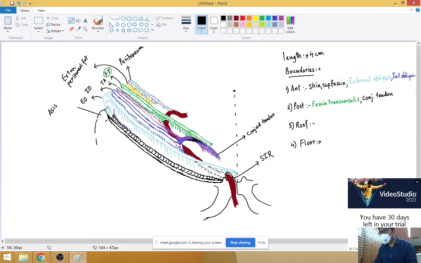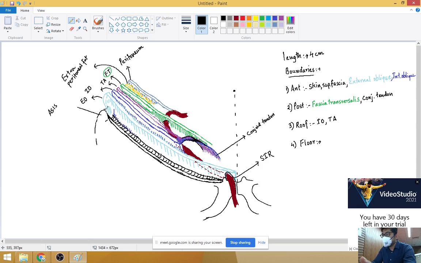So these fibers of internal oblique and the transversus abdominis, both of them are forming the roof. Okay, so this is the canal.